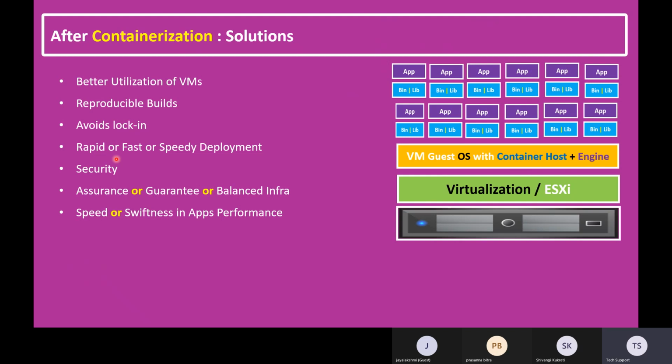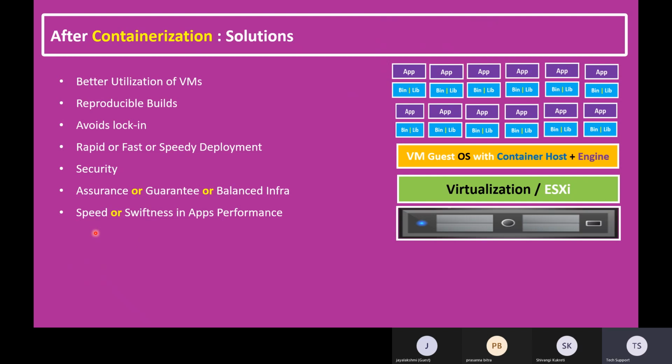Rapid, fast deployment is possible with container applications, and security is also available, along with assurance, and a balanced infrastructure can be configured within container host applications. Also, application performance: since it is lightweight, there will be no issues with your application performance. It always has speed performance.